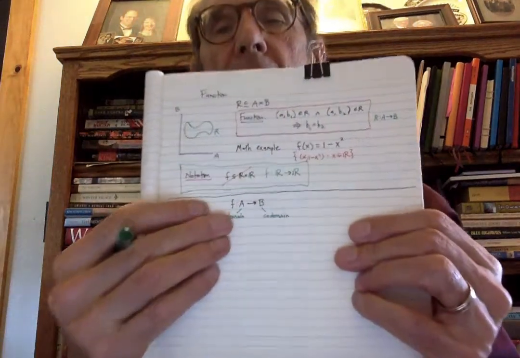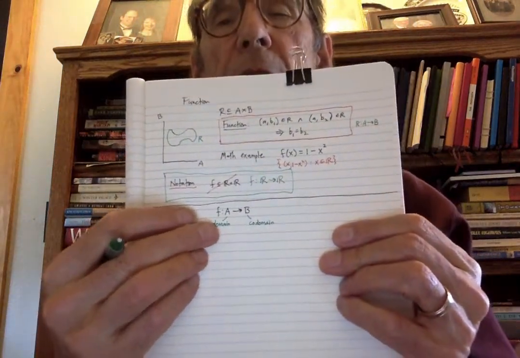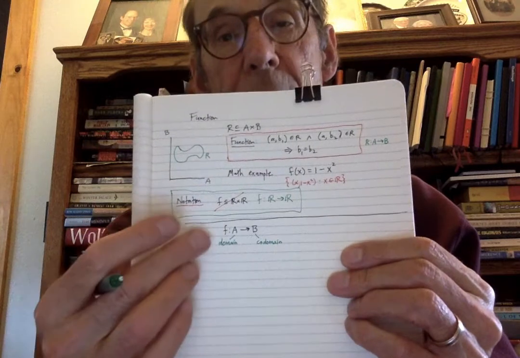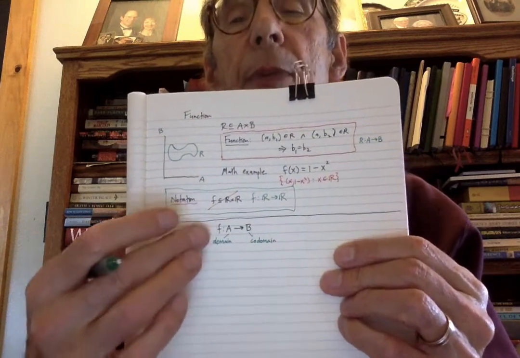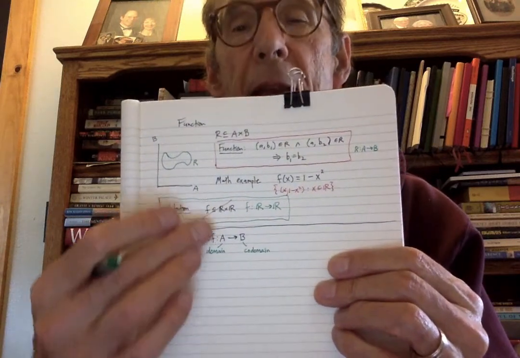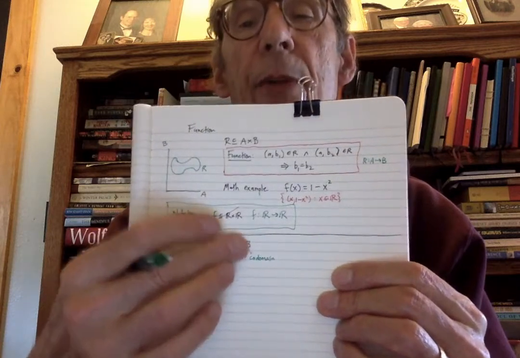A is called the domain, and B is called the codomain. So we're saying the first part of the ordered pair that this function contains comes from A, the domain, and the second one comes from B, the codomain.